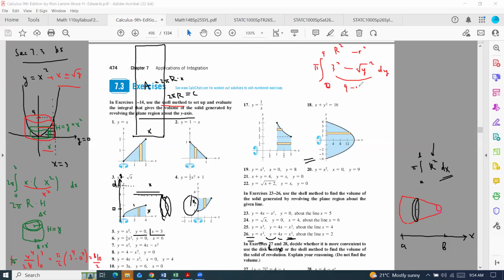Okay, so now you're going to need to integrate 9 minus y, and that's pretty nice and standard. So we end up with 9y, subtract y squared over 2. So it is also nice integration, so it doesn't matter which value you use, x or y.